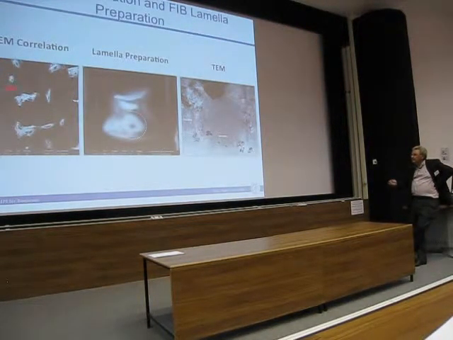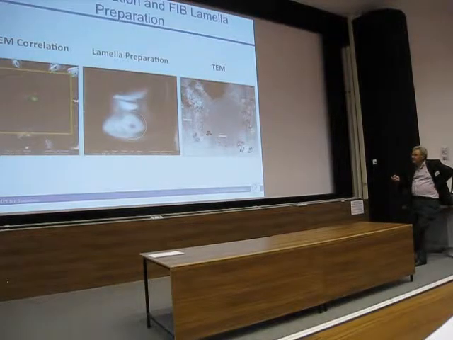So in this grid region here, there's a cell which has a nice Huntington inclusion of the right size. We can overlay that by coordinate transformation, so we know exactly where in the cell the Huntington inclusion is. Then we can cut the lamella here, and then we have in the lamella, in this case, the entire inclusion here.